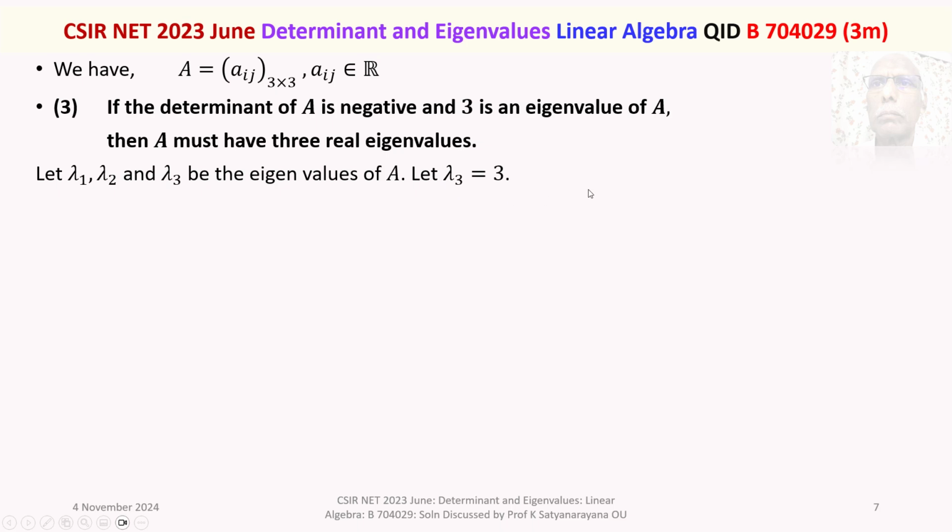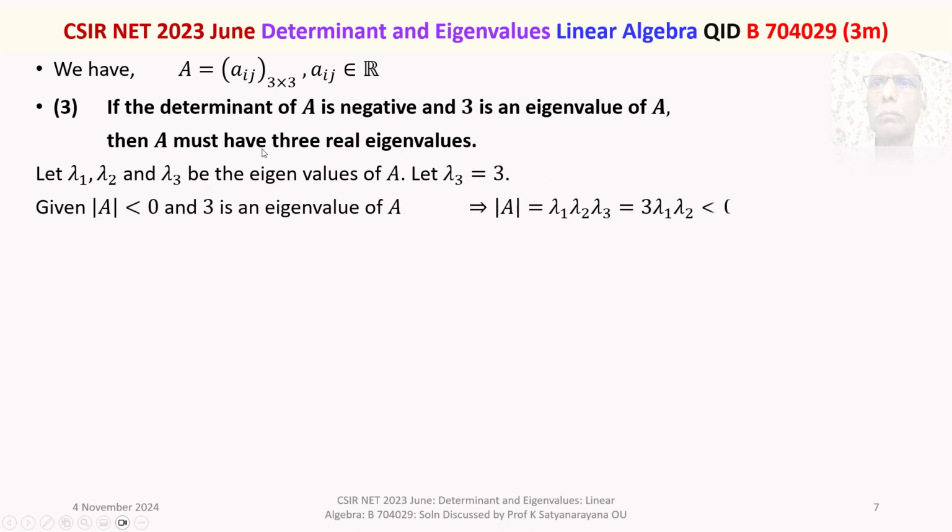And it is very well known that the product of the eigenvalues is equal to the determinant of A. So, determinant of A will be lambda 1, lambda 2, lambda 3. It is given determinant of A is negative and one of the eigenvalues is 3, that is, lambda 3 equals 3.